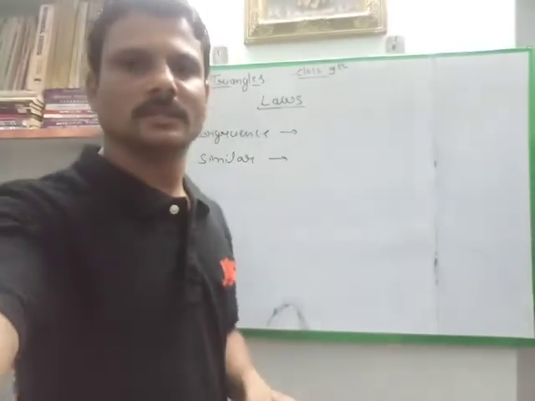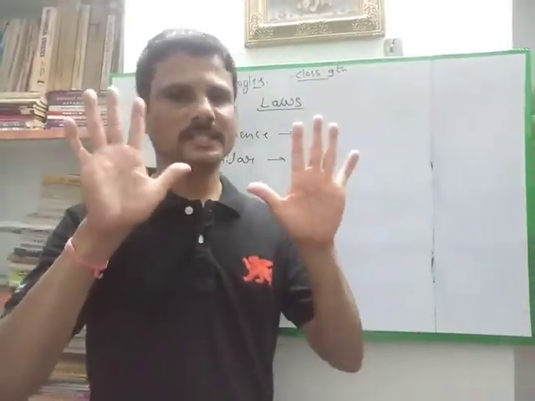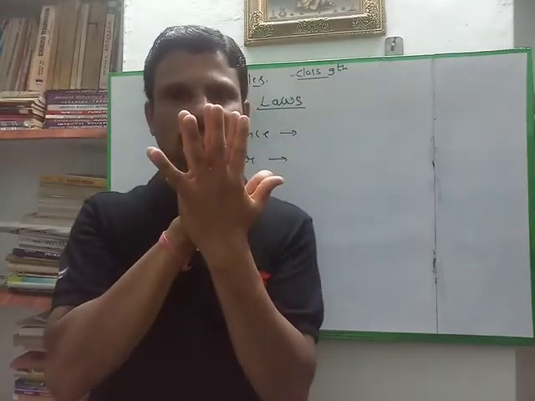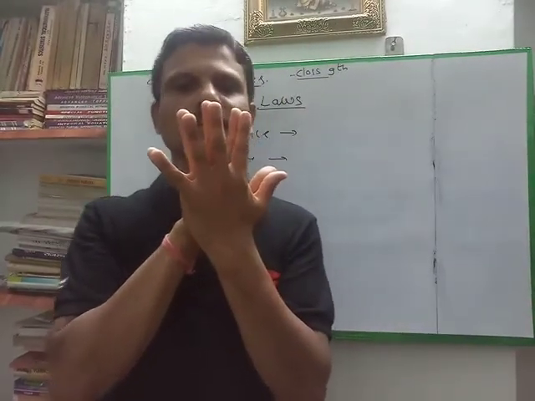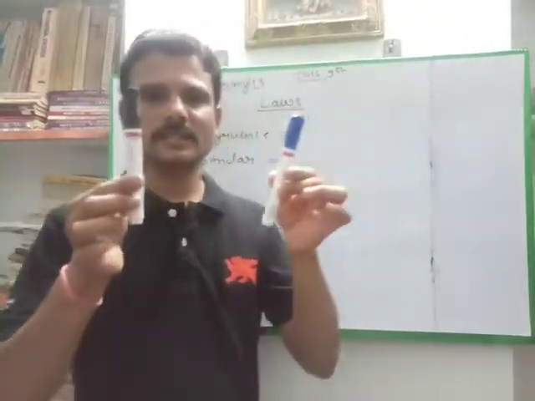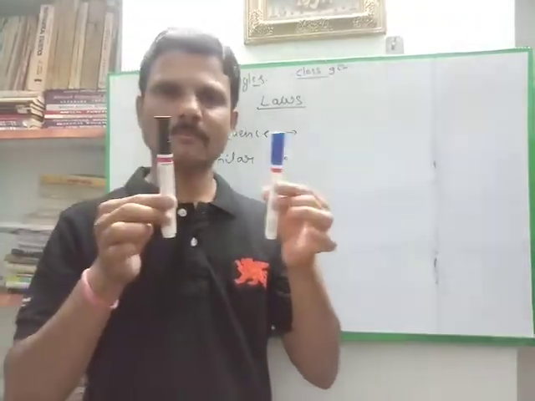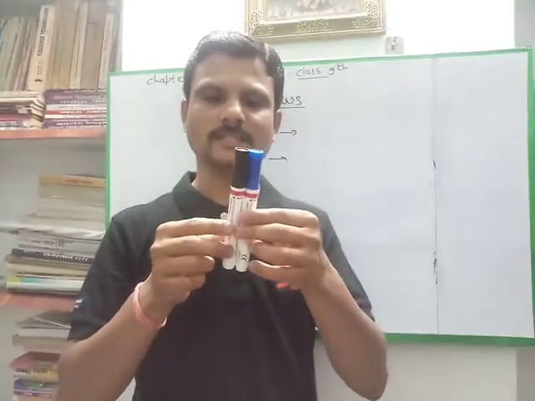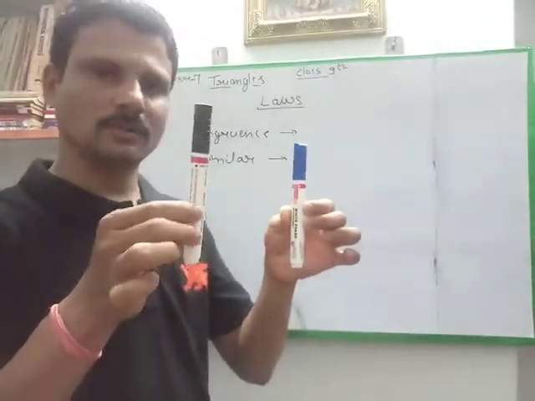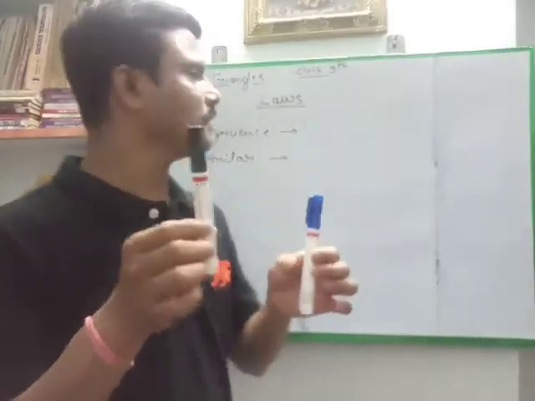Suppose your two hands, these are similar because they can overlap each other. And these two markers are also perfectly the same, so we can say both markers are congruent.